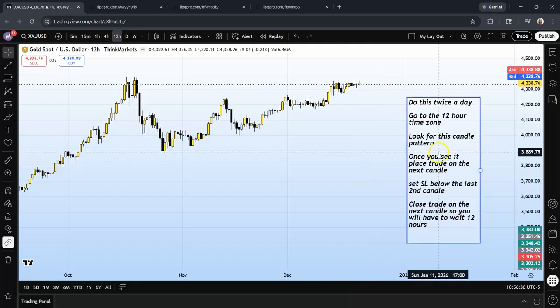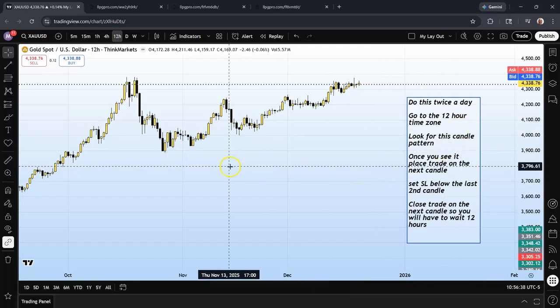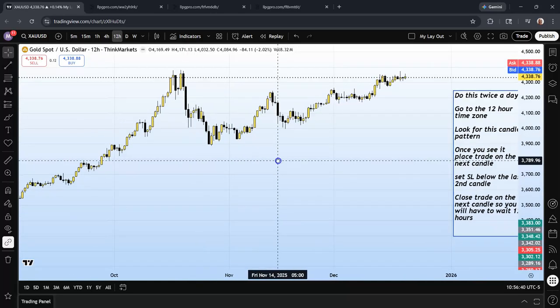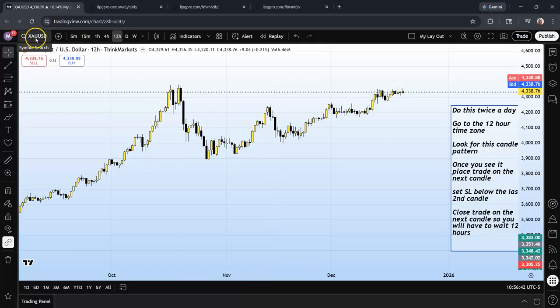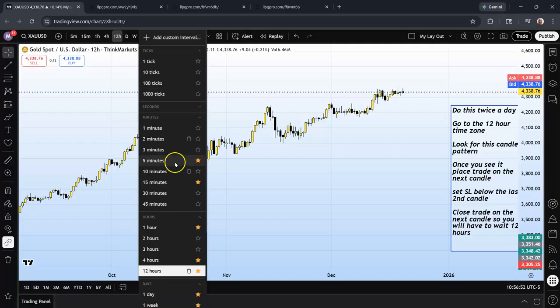Okay, so I'll leave this up here, you guys can take notes. This is gold, XAU USD versus US dollar. We're looking at the 12-hour. Now if you don't have the 12-hour interval or time frame on your chart, you're going to click on this here, add custom intervals.